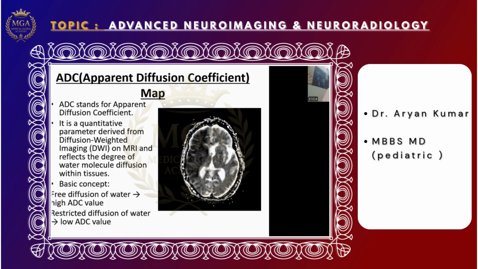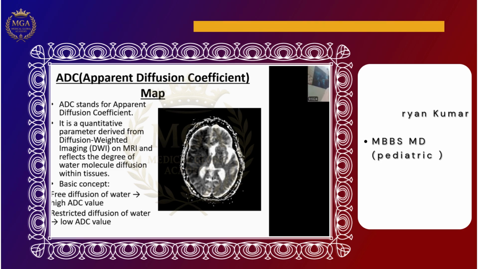So it is a quantitative parameter derived from diffusion weighted imaging on MRI and reflects the degree of water molecule diffusion within the tissue. It says how much water molecule is diffusing in the tissue. So that is the first basic concept: whenever you order diffusion weighted imaging, next you should think about ADC. What about ADC? If free diffusion of water is there.